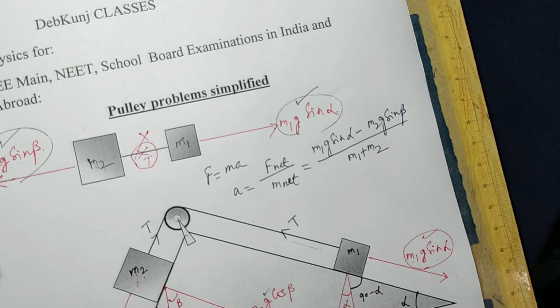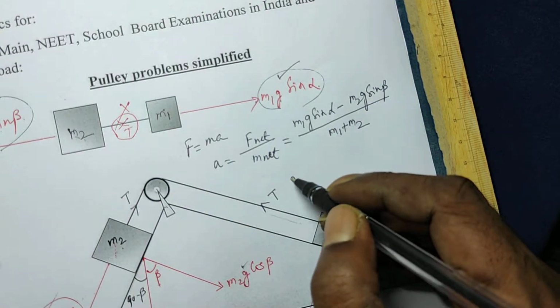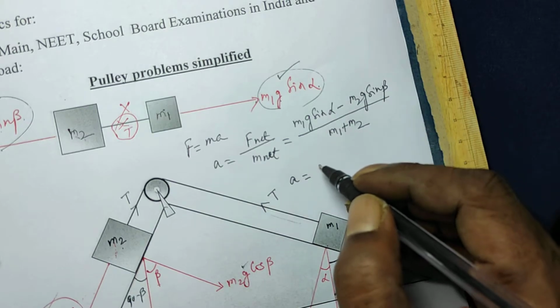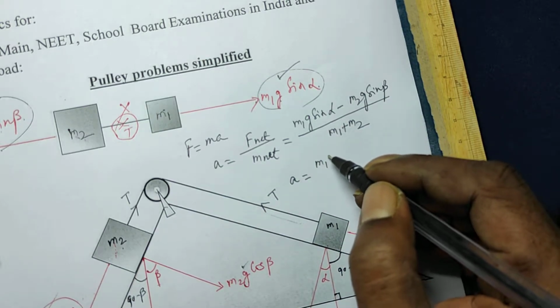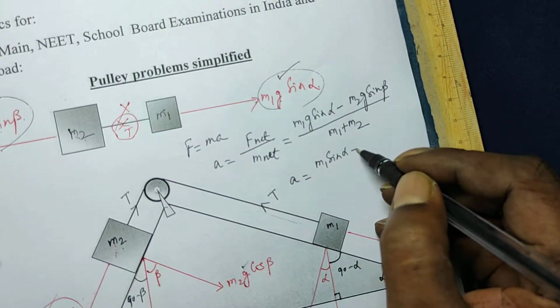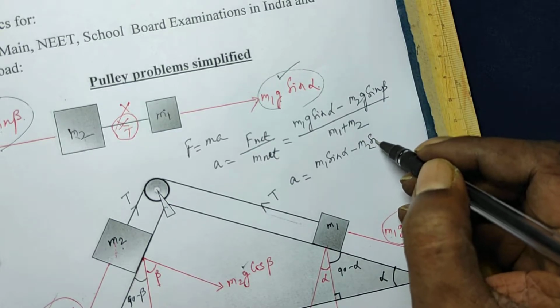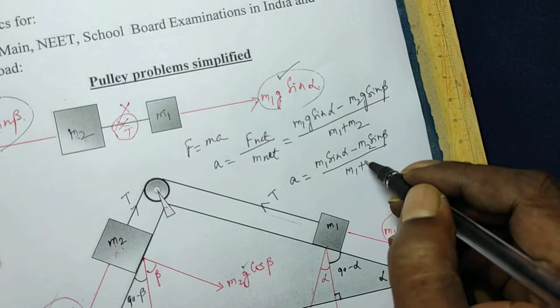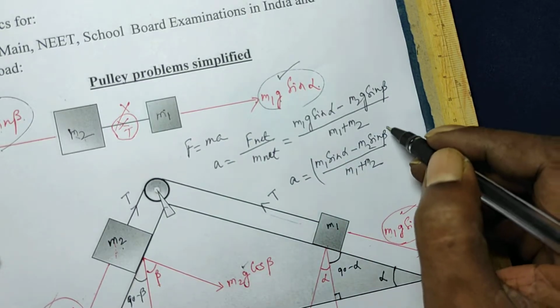You can rewrite it so that this looks decent. If you take g common, we are left with (m1 sine alpha minus m2 sine beta) over (m1 plus m2) times g.